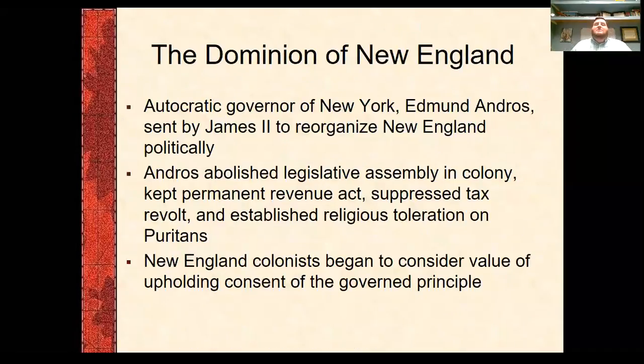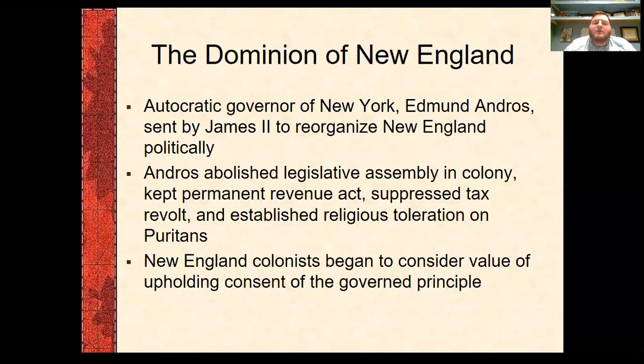And that causes a problem for a lot of different reasons. One, Andros abolishes the legislative assembly, so there's no representative democracy there. He keeps a permanent revenue act in place. He ends up having to suppress the tax revolt. And Andros is seen as this authoritarian arm of the Catholic James, okay?